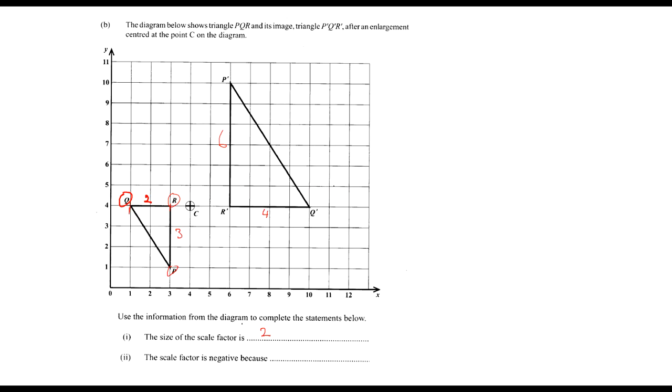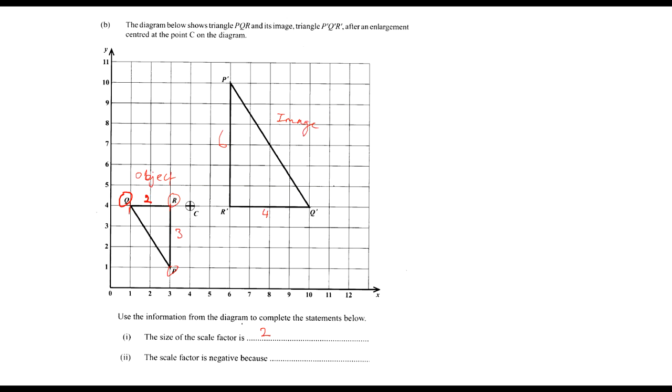And what should be noticed is that the scale factor is negative. And why is it negative? It is because, remember, this is the object, and this is the image.